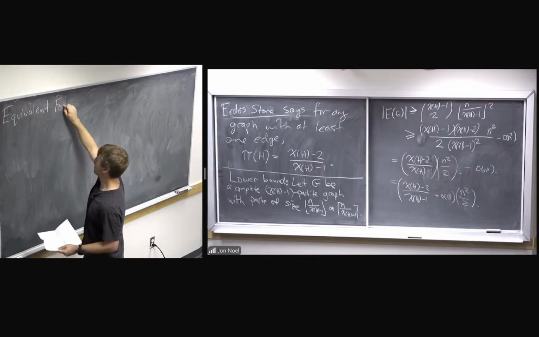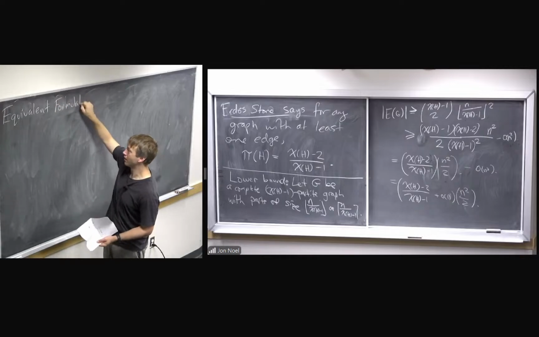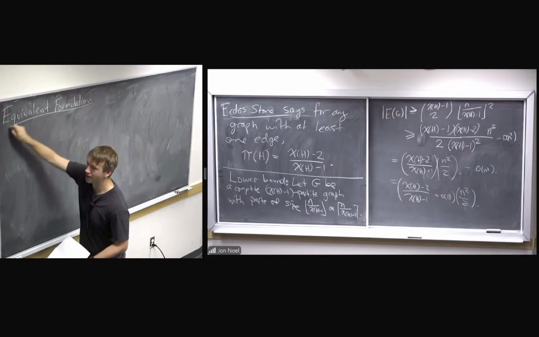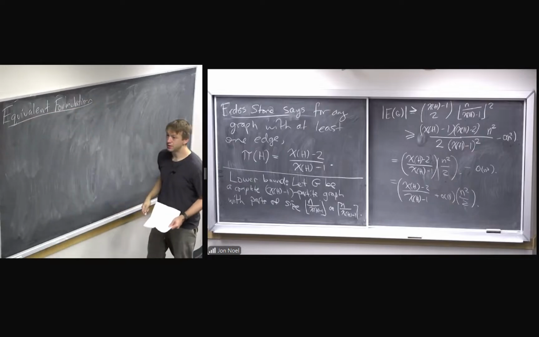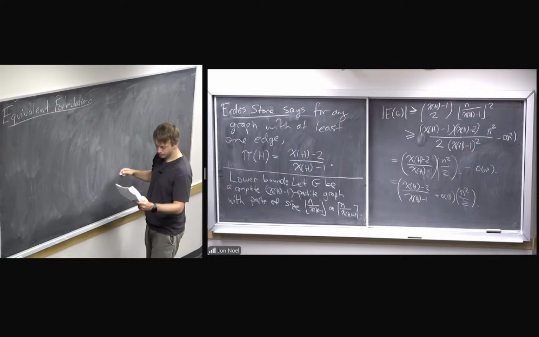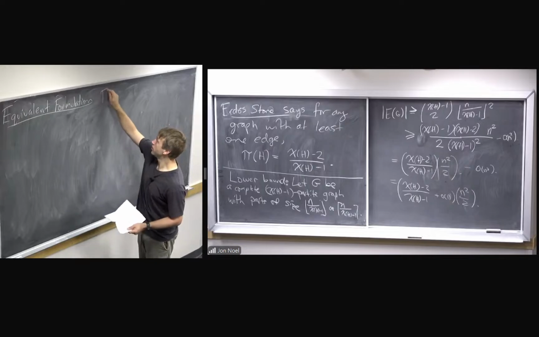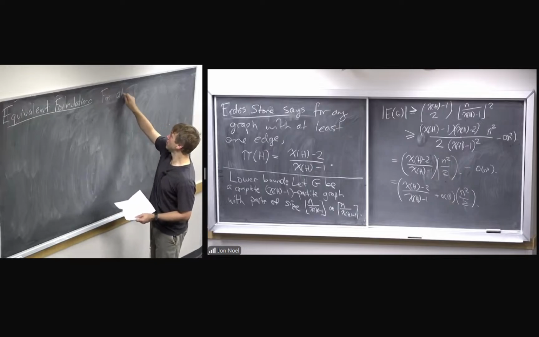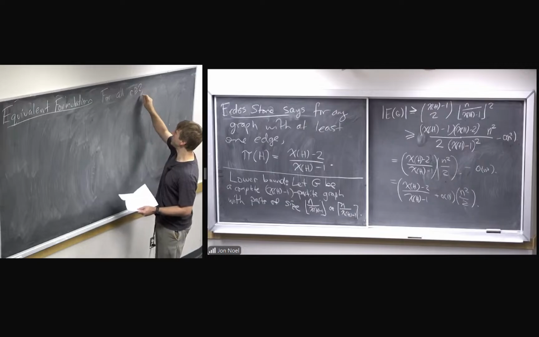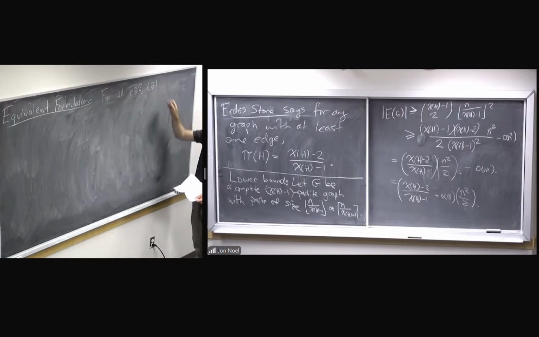of the theorem, or at least the upper bound part. So we've done the lower bound. We just need to do the upper bound. So for all, let's say, integers r at least 2, t at least 1, and epsilon positive. So epsilon is a real number.